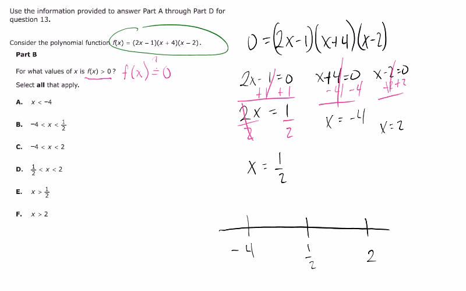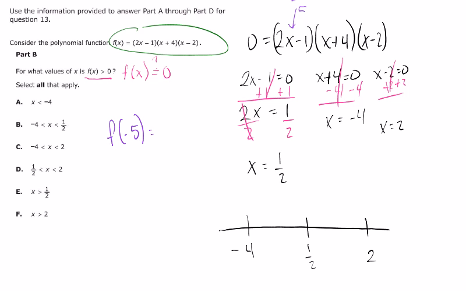Alright, so I'm going to start here. I'm going to plug in a value that is less than negative 4, like negative 5. So I'm going to find f of negative 5. I'm going to do the same thing I did earlier, except I'm just going to plug in negative 5.